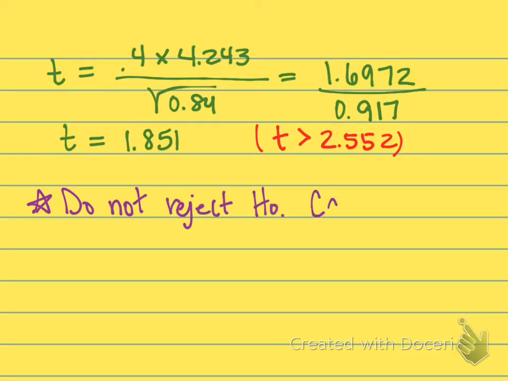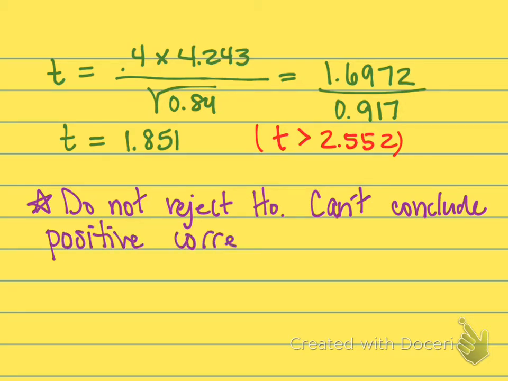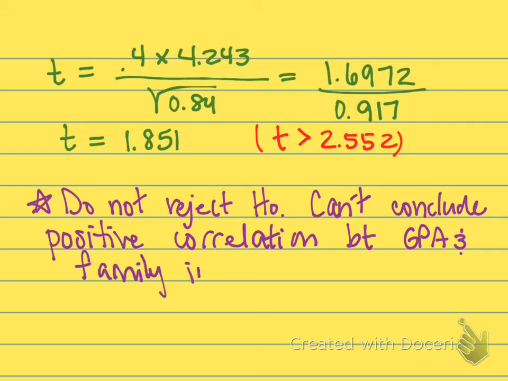What does this mean? Well, it means that we cannot conclude that there is a positive correlation between our two variables here, and so in this case between a student's GPA as a measure of success and their family's level of income.